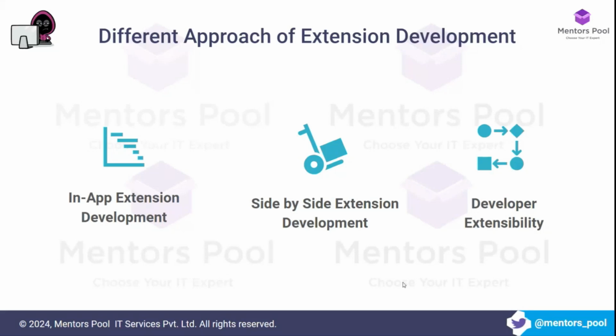This is carried out with the SAP Cloud Platform, which I talked about in the beginning, the SAP BTP, also known as SAP Business Technology Platform. And the third one is developer extensibility, which is basically for cloud ABAP environment embedded with S/4HANA, also called embedded Steampunk since 2022.